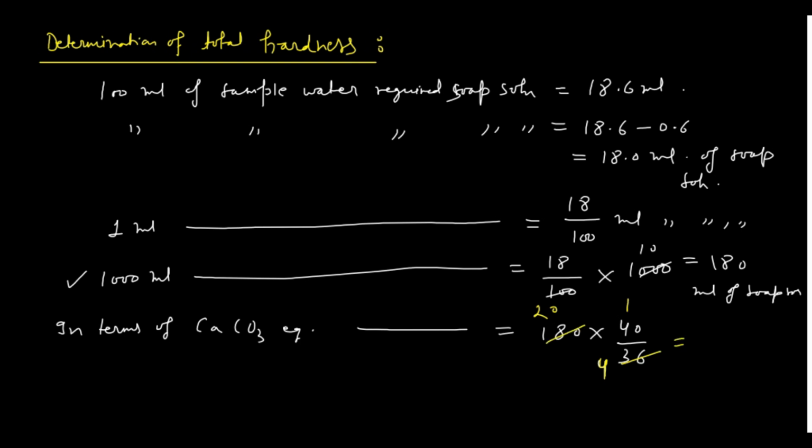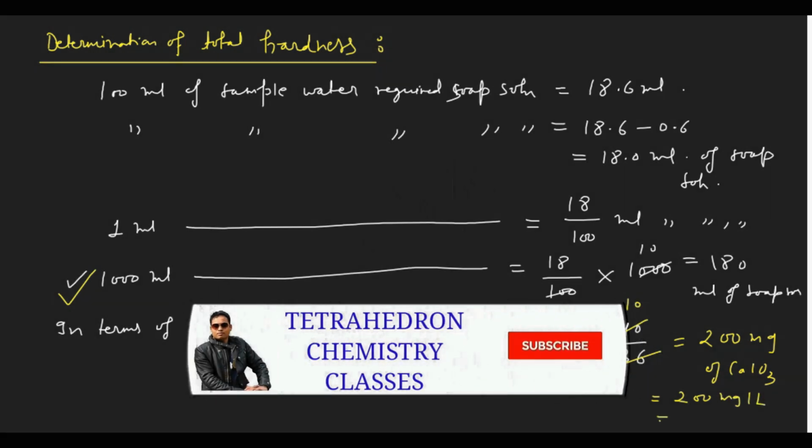And 4 10s are 40, and 20 into 10 equals 200. So 200 mg of CaCO3 is present in 1000 ml. That means it is 200 mg per liter, which is the same as 200 ppm.